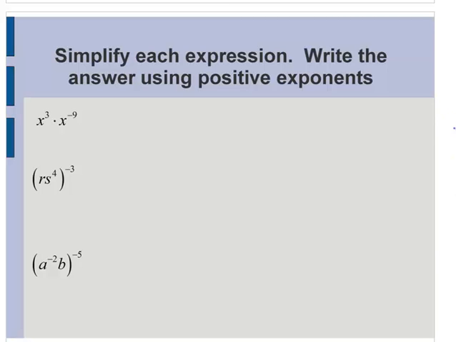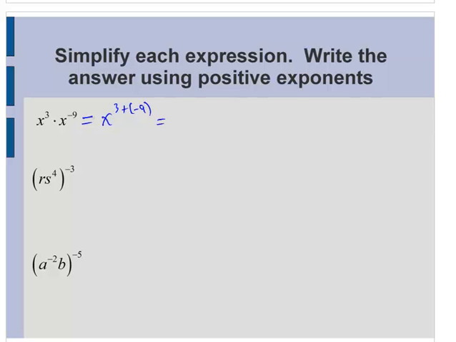In these exercises, we are asked to simplify the expression, writing the answer using positive exponents. So in the end, we have to make sure that we have no negative exponents present. If we had x to the third times x to the negative ninth, applying our product rule for exponents, we could write this as x to the 3 plus negative 9.